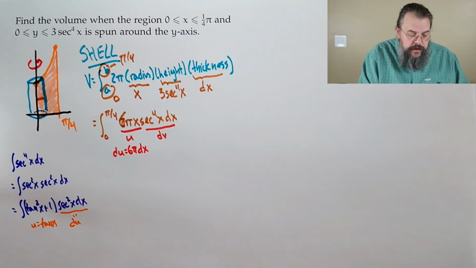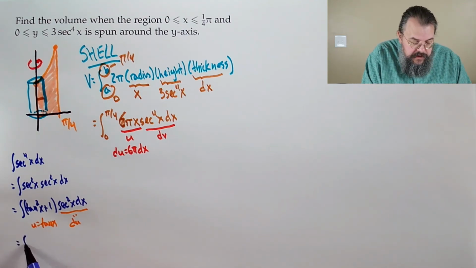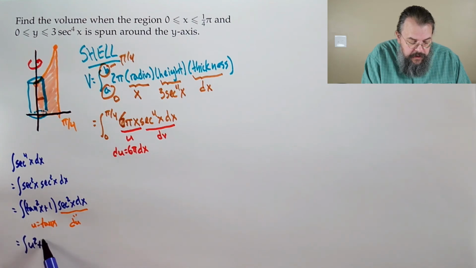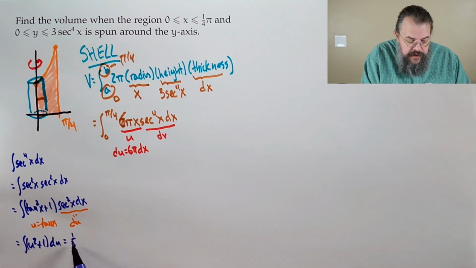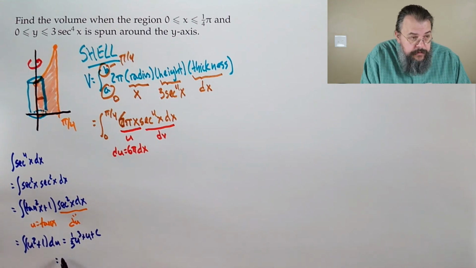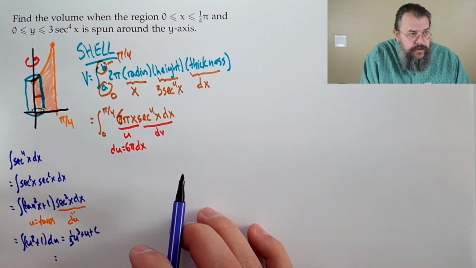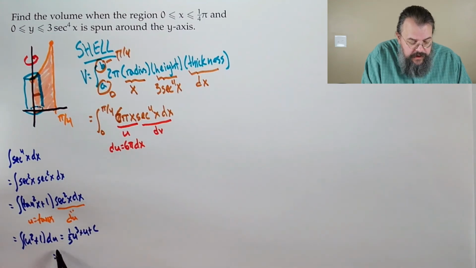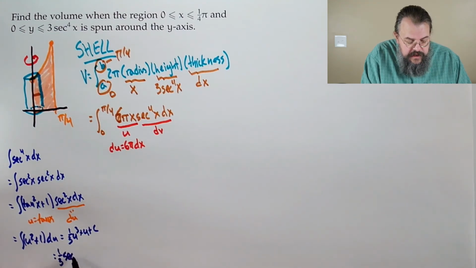Okay, perfect. This becomes the integral of u squared plus 1 du, which is 1/3 u cubed plus u. We almost have enough space.